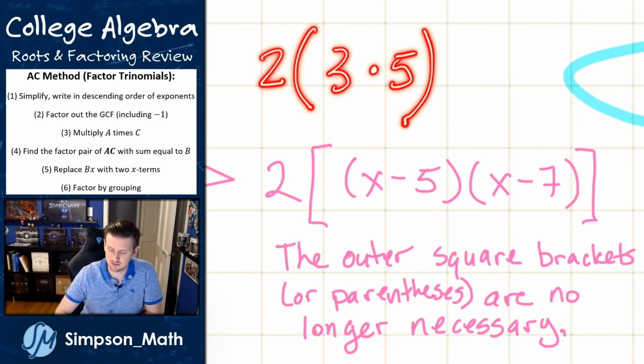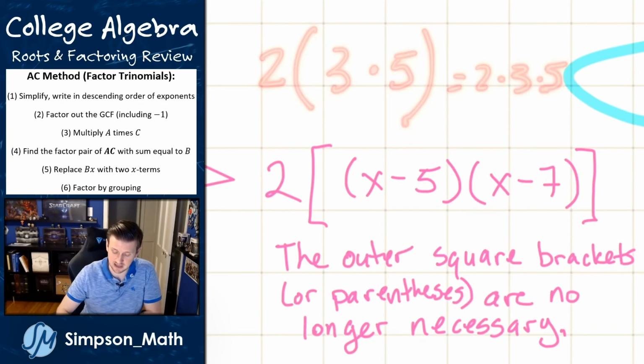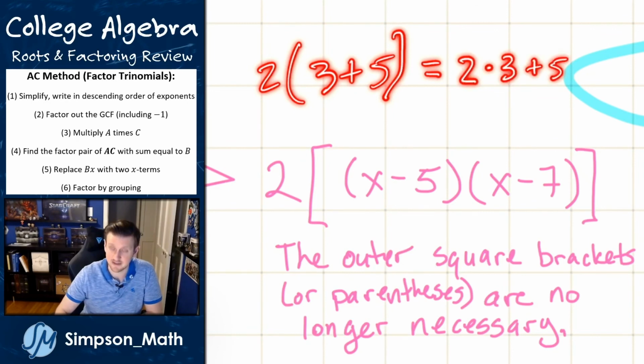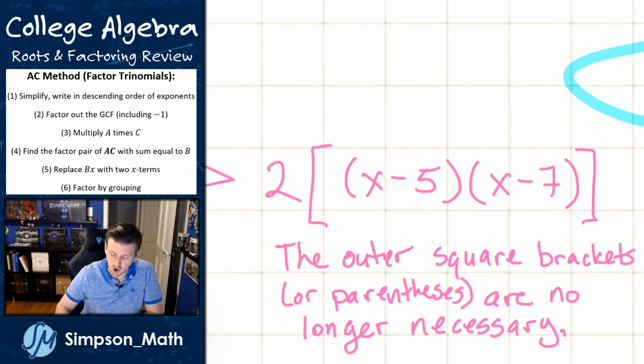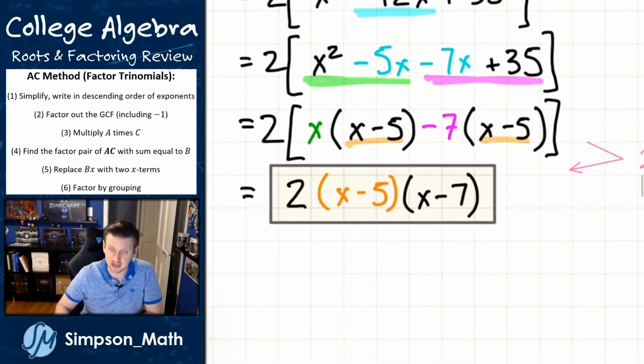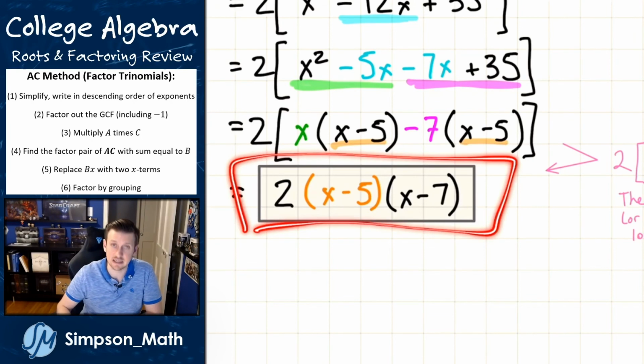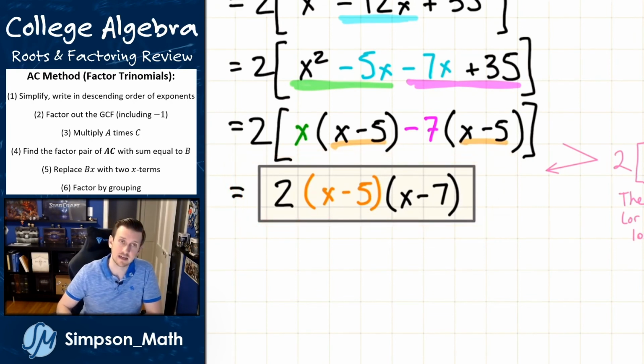That's just 2 times 3 times 5. There's a difference between it being all multiplication and this: 2 times 3 plus 5. With a plus, you can't drop the grouping. That is a very big difference. Because it's all multiplication, I can just drop those brackets or parentheses. So our final answer is 2 times x minus 5 times x minus 7.